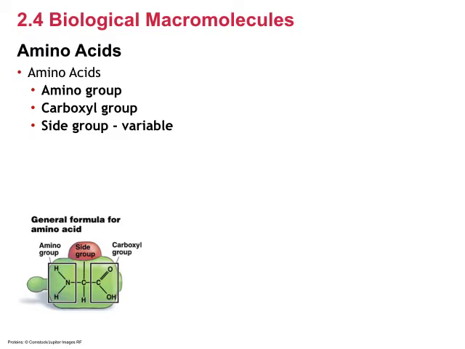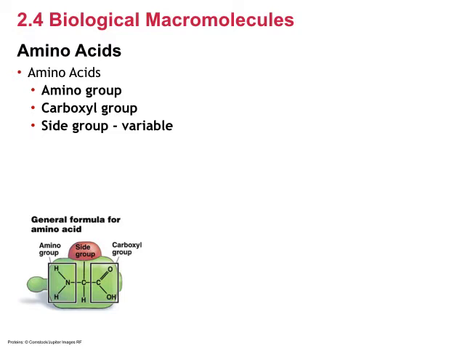And these two groups allow the amino acids to link together using covalent bonds, which are these strong bonds that we looked at. So it allows these amino acids to link together to form these long chains of amino acids. And the side group, that little red group up top, is variable.